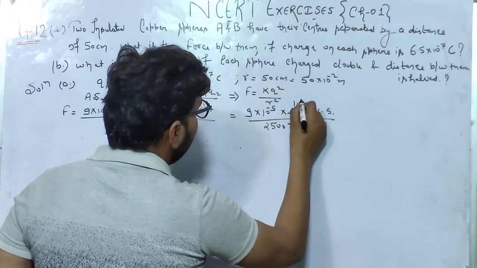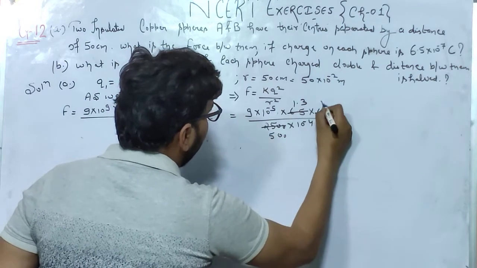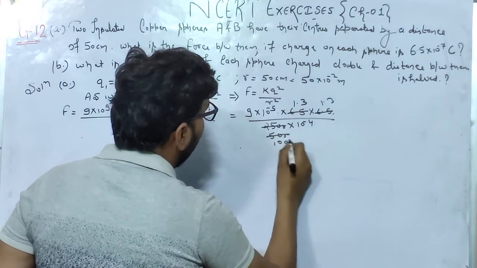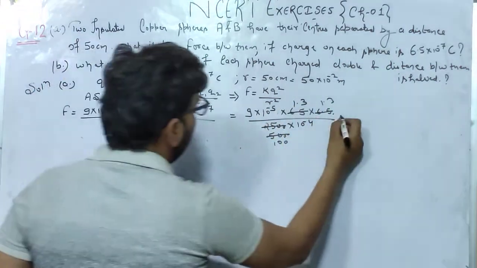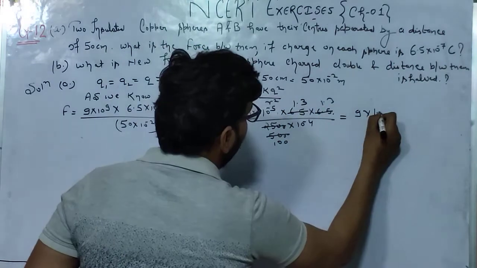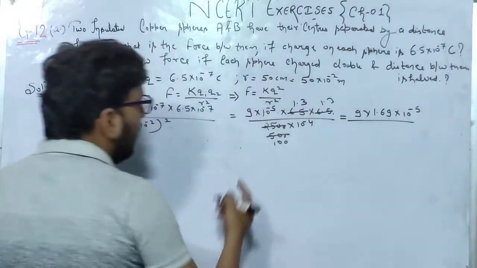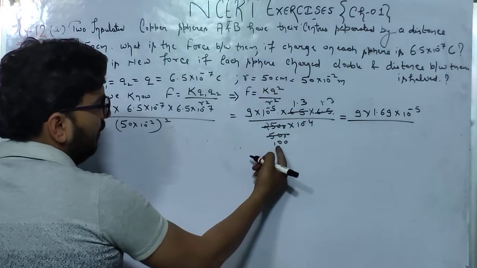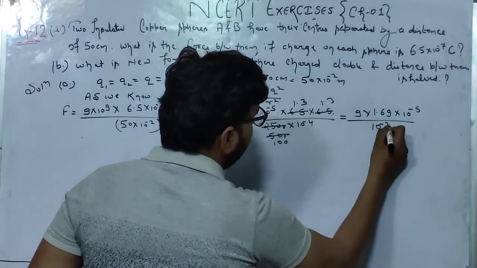It will be 1.3, it will be 500, again 1.3, it will be 100. So I will multiply it by these values. So 9 × 1.3 × 1.3, 1.69 × 10^-5 divided by 100, which can be written as 10^2, and this is 10^-4. So it will be 10^-2.